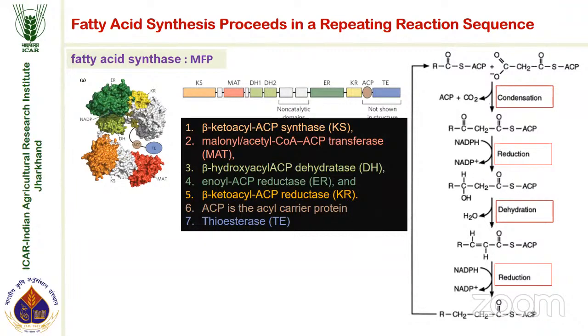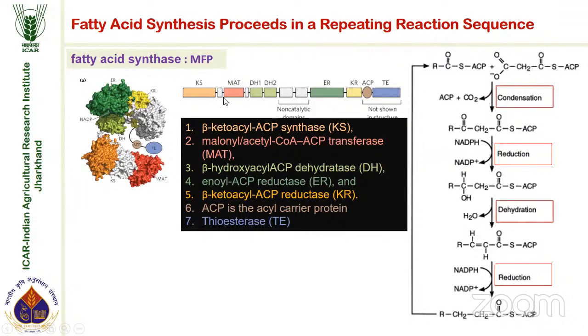This multimeric enzyme also has several domains having specific catalytic functions. So these are unique enzymatic functions that each domain has. Although it is a single multimeric protein, it has several domains having different catalytic functions.